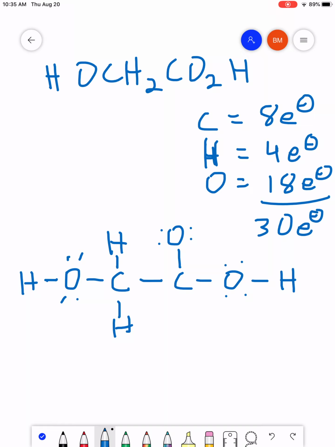We've got everything mapped out, but we see over here, this carbon's only got 6 electrons, this oxygen's only got 6 electrons. Again, we can draw a double bond and make it happy. So now we have 30 electrons mapped out. All the carbons, oxygens, and hydrogens are following their preferred bonding patterns. All right? Cool.